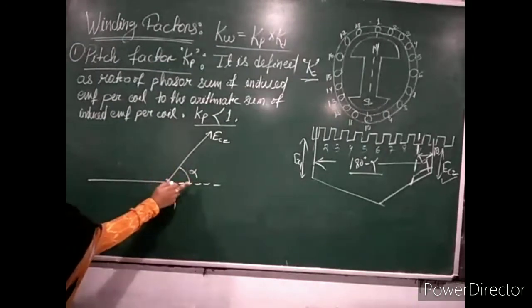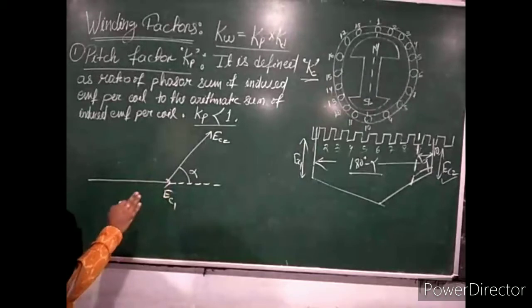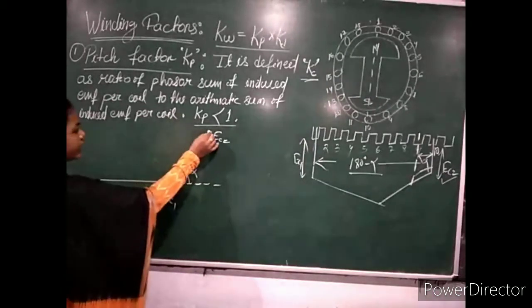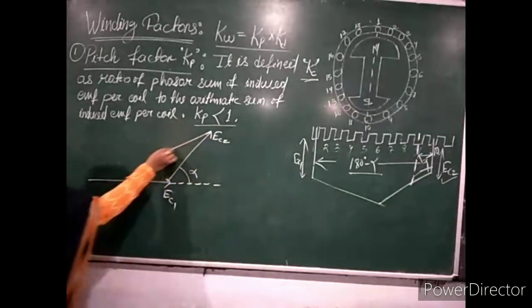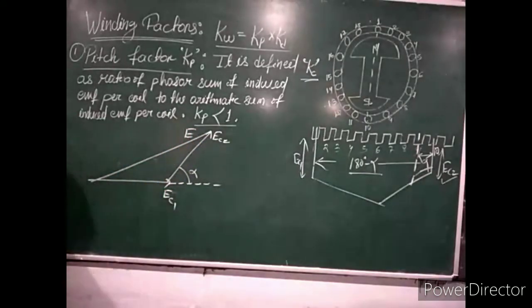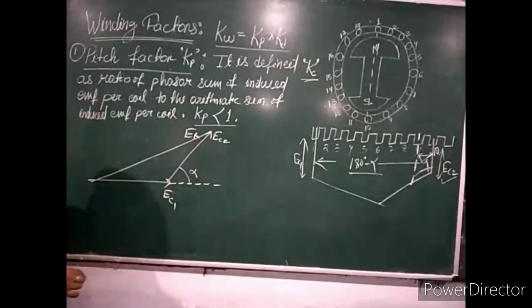So from this we get the pitch factor. By deriving this we get the pitch factor. Now by taking the phasor sum of EC1 and EC2, we get the resultant EMF ER for the short pitch coil.